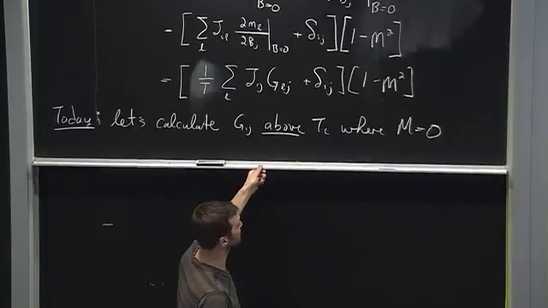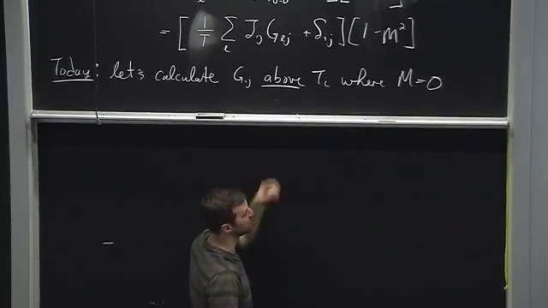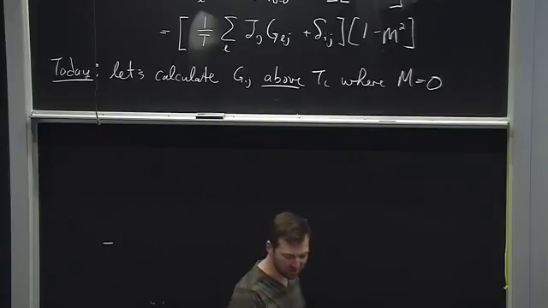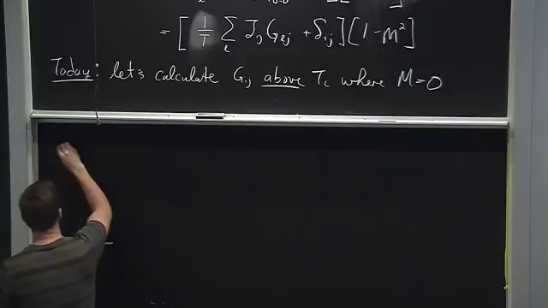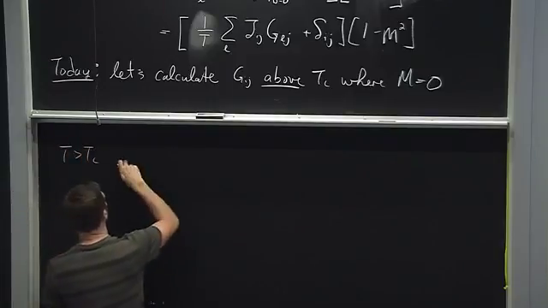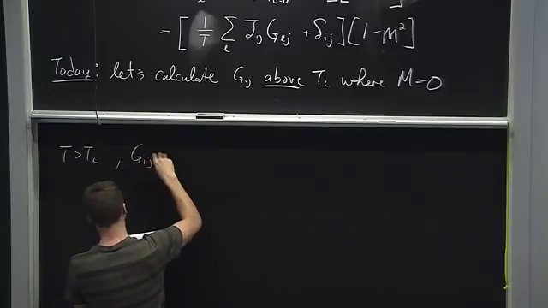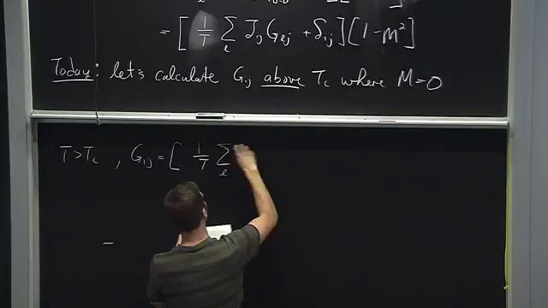Okay, so that simplifies that expression. So I do the easy things in class. You get to do the hard things on your assignment. Okay, so let's start. T greater than T_C. The mean field two-point correlation function. So that's that thing I wrote up there.